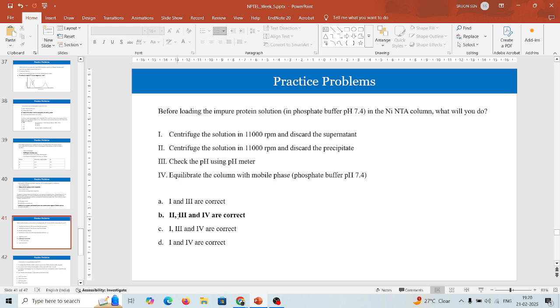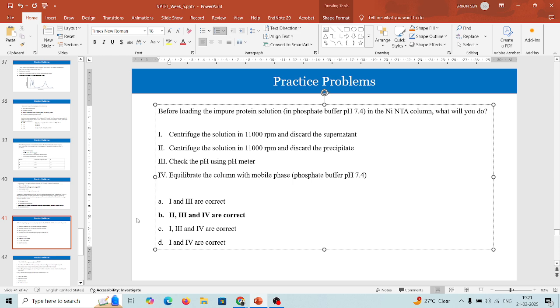That's a different thing. It's like an inclusion body wash and all. We denature it, and okay. Anyways, you guys also can check this question once. But how much I can tell is, whatever you are telling is also very right.